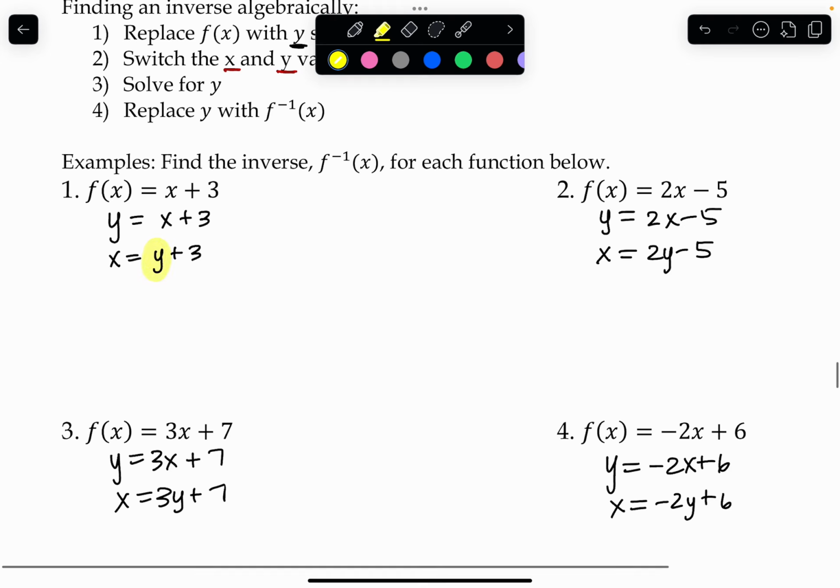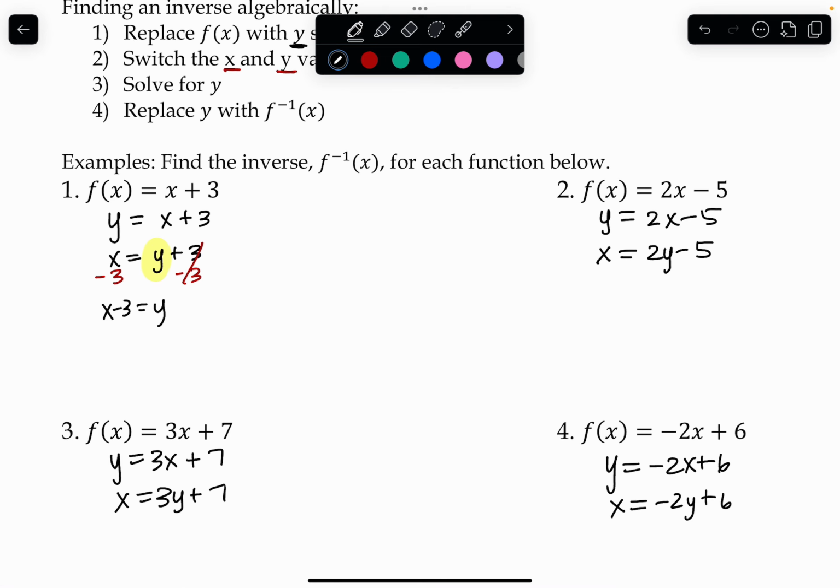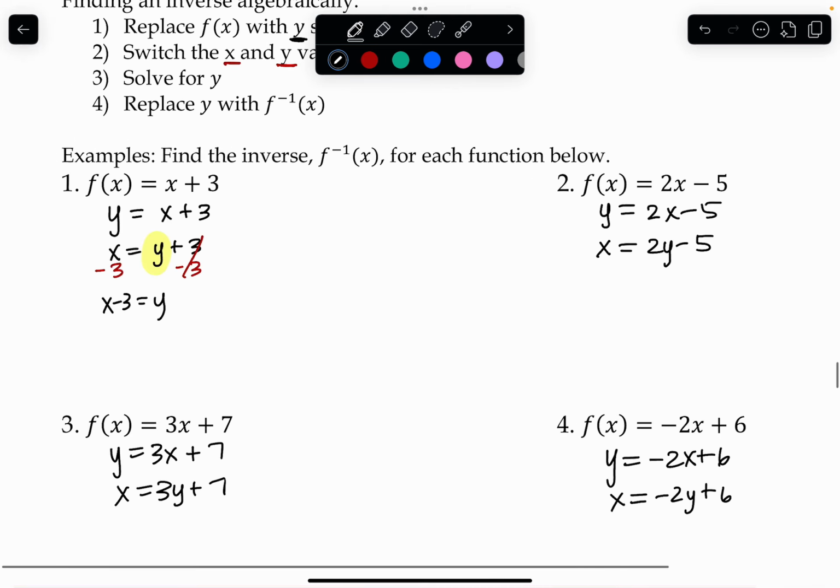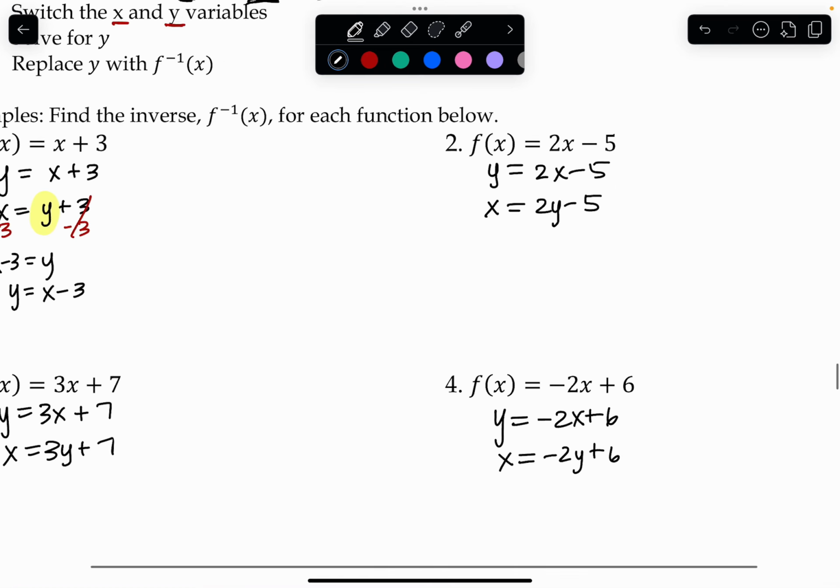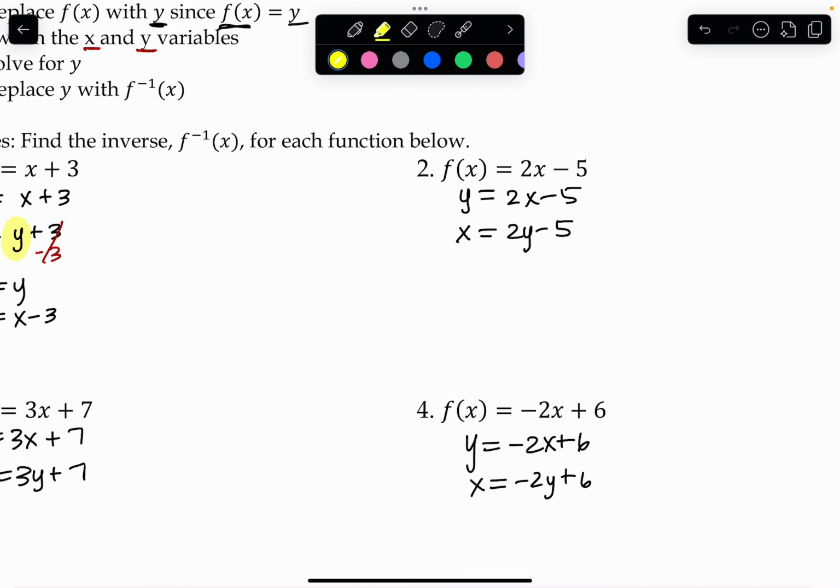Starting with number 1, to solve for y, we would have to subtract 3 from both sides. And so we end up with y equals x minus 3. Over here, I'm going to go ahead and put the y on the left side. Over here, we're resolving for y, so we would need to add 5 first.